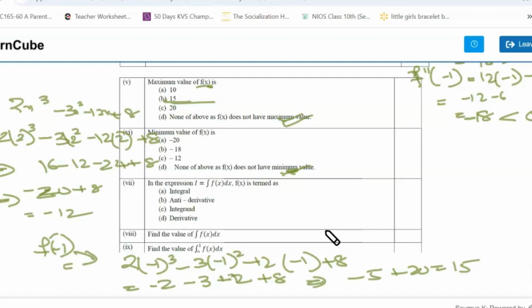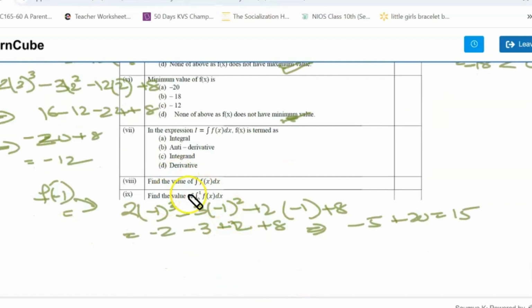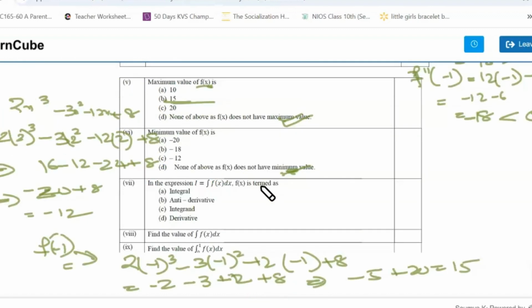Next one is the 7th question. Here the term we call is not the antiderivative but the integral. This is the integrand, which has to be integrated.